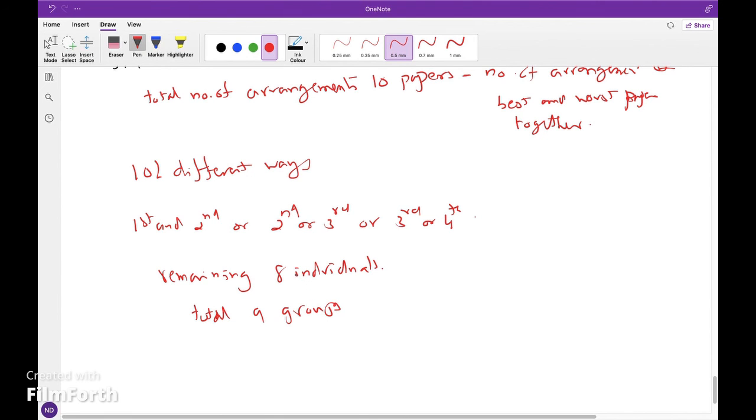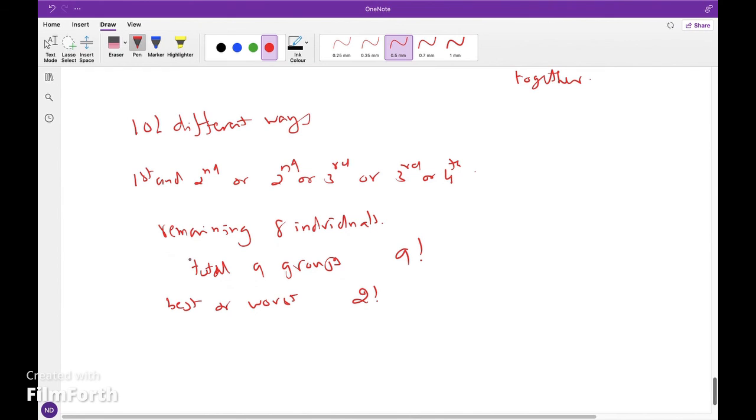To arrange, it can be done in 9 factorial ways. The 2 papers best and worst can rearrange with themselves in 2 different ways, that is 2 factorial. So number of arrangements of these 2 papers together is 9 factorial into 2 factorial, that is 9 factorial into 2, because 2 factorial is 2.